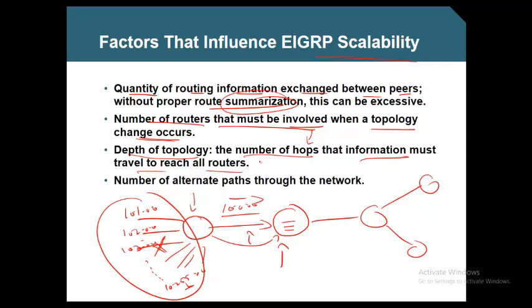When a change happens, how many routers will the change be flooded to? Summarization is actually reducing the depth of topology. Yes or no? Because you did summarization, the very next router doesn't receive the information change. As a result, the depth is reduced. It should not be too deep. If it is really needed, you may have one or two hops affected, but not all.